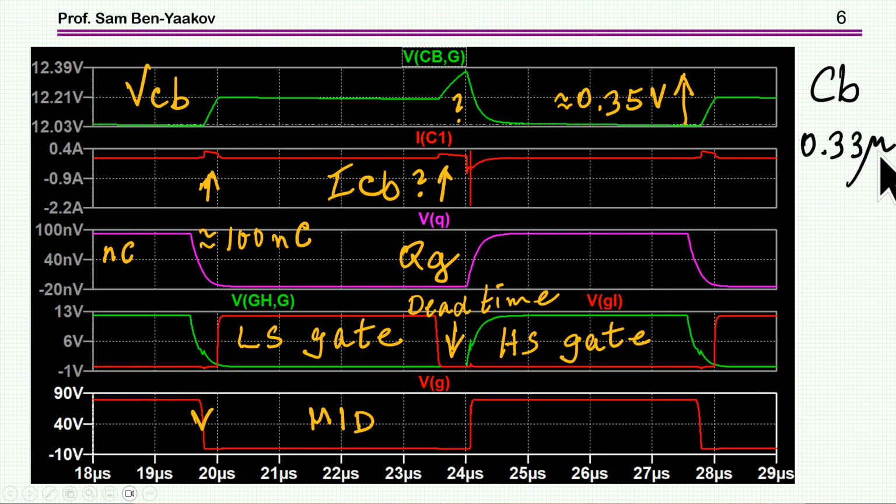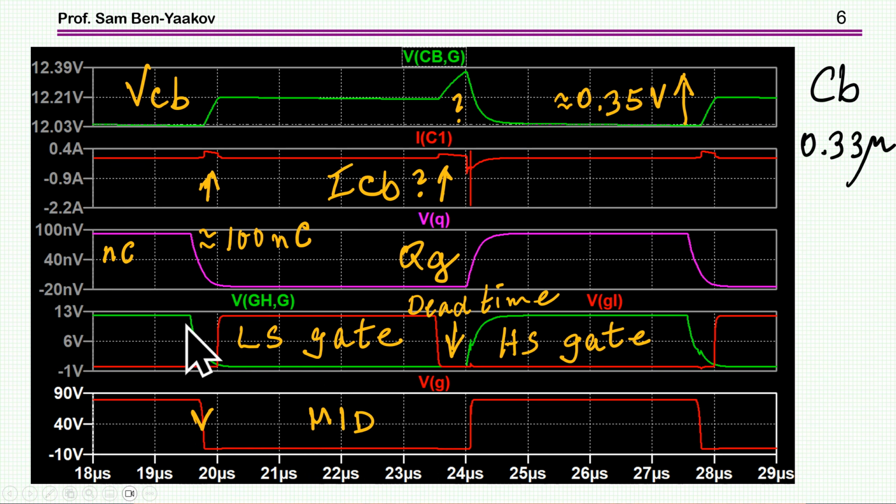So I'm going to put 0.33 in the simulation. Actually, you usually like to put larger than that, a higher multiplier, but for the sake of demonstration, I'll just put here 0.33. And here are the major waveforms. We see the midpoint going up, down, and up again.